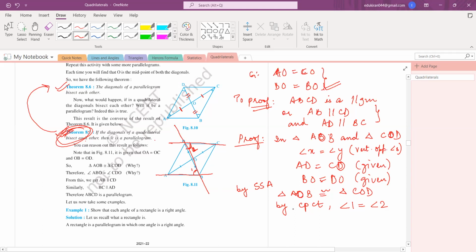The lines are parallel. Very good. So by CPCT, angle 1 is equal to angle 2, and therefore AB is parallel to CD by converse of alternate angle theorem. Yes, Miraj? Clear? Clear.